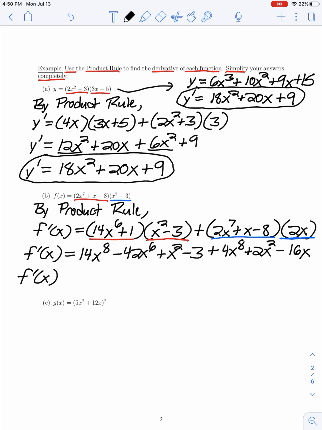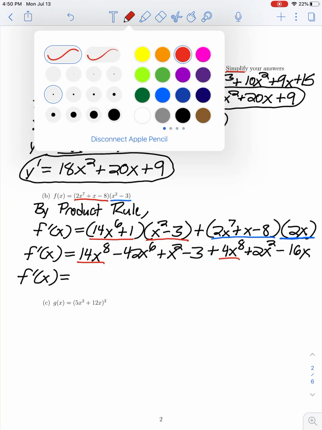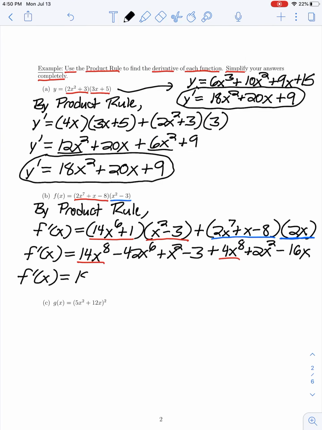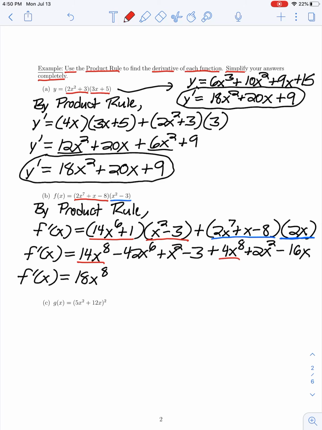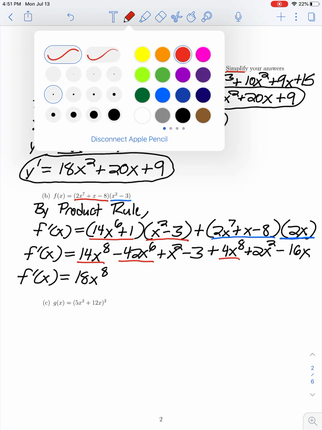So our derivative, f prime of x, grouping like terms, well, we have a 14x to the 8th plus 4x to the 8th leaves us 18x to the 8th. And moving to our next term, we have a negative 42x to the 6th.